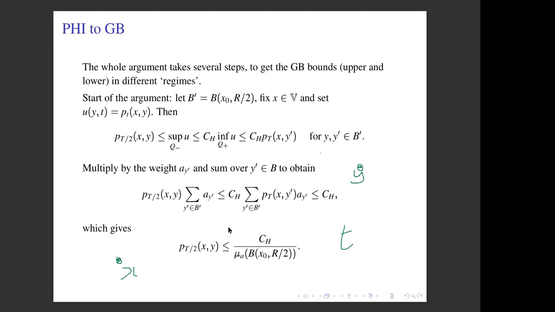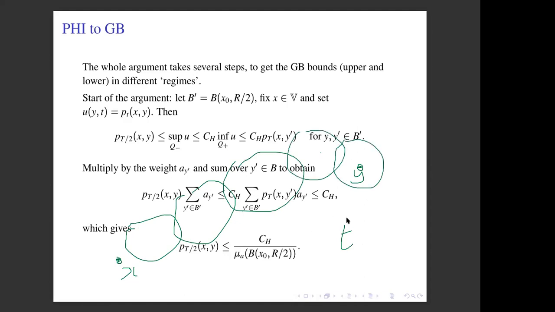So what one does is you look at a collection of smaller balls where you choose the size rather precisely in terms of the distance between X and Y and T, and you look at the probability of the process going from here into this ball here.